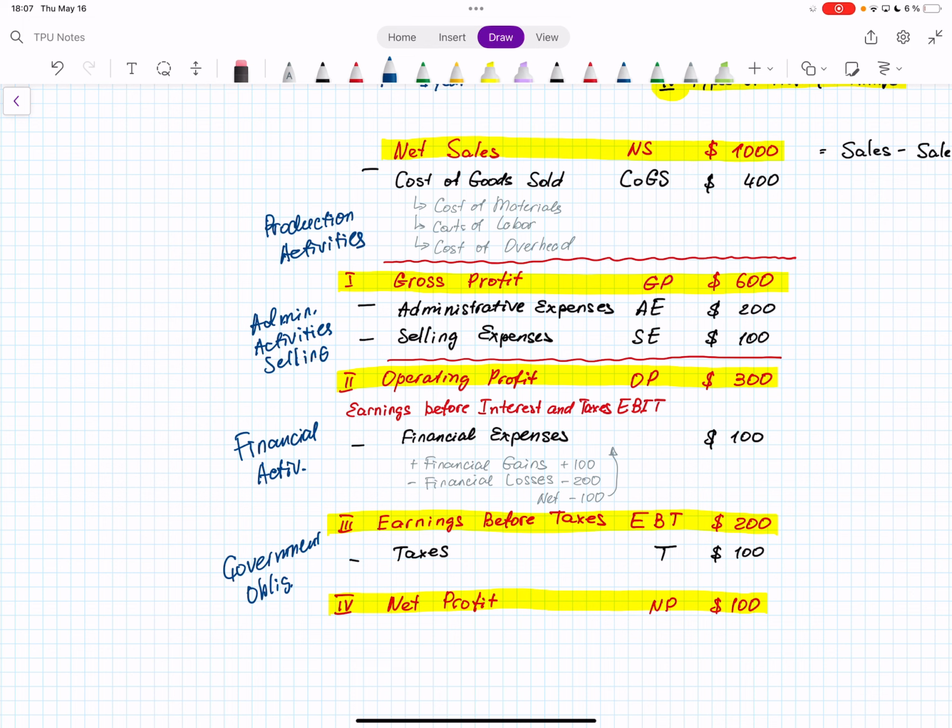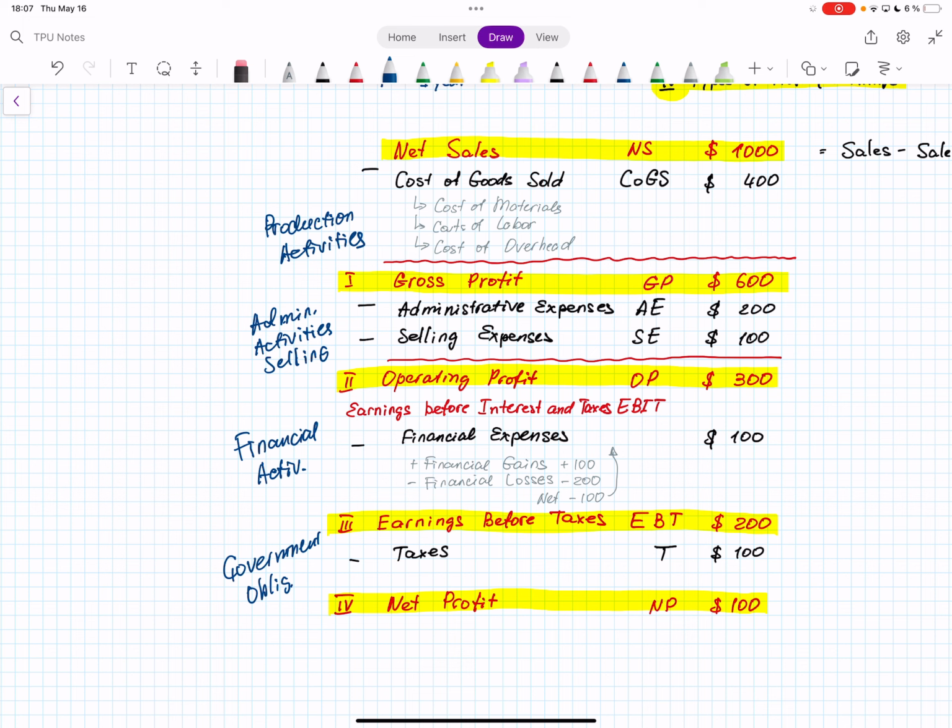Your job is to understand how it is calculated. For example, Ksenia, how is operating profit calculated? By looking at this picture, can you tell how to calculate operating profit? Yeah, you can tell, or, well, I'll give you the example. To calculate the operating profit, I can do two things. First, I can take gross profit and subtract administrative and selling expenses.